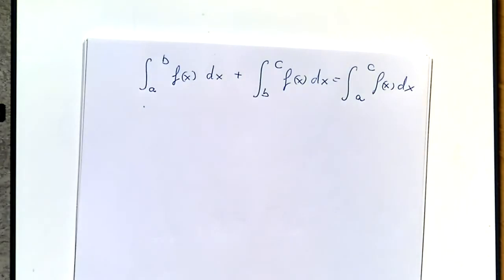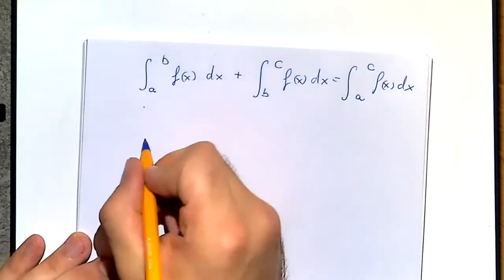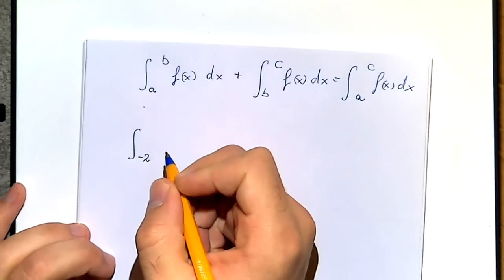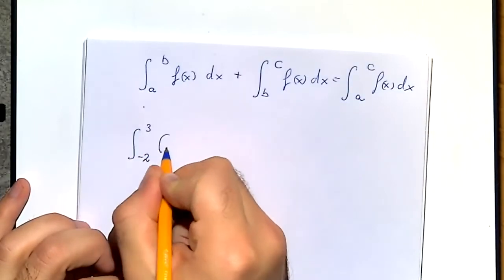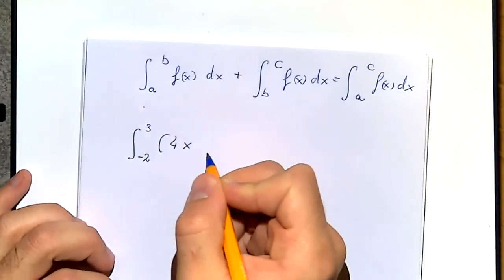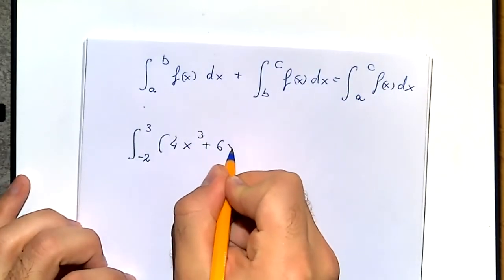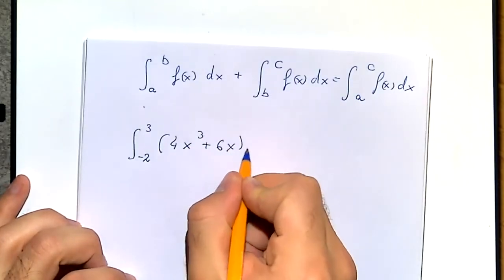Now, his other example was just: let's compute integral from -2 to 3 of 4x to the third plus 6x dx.